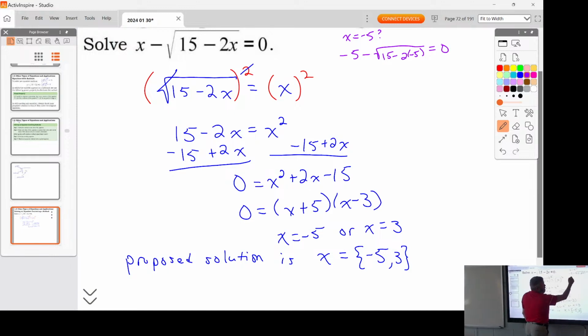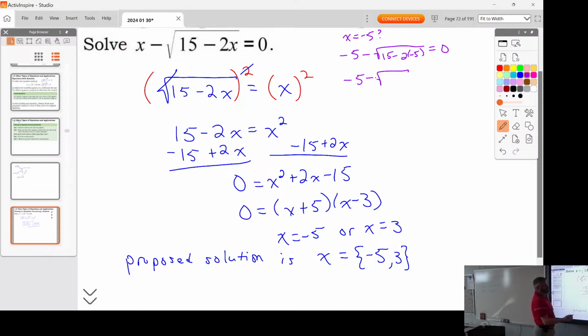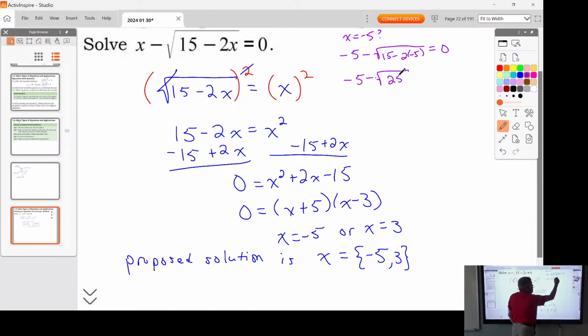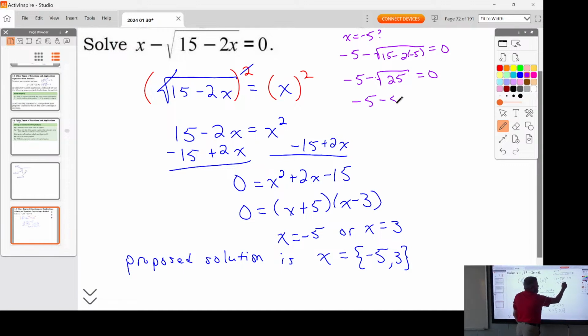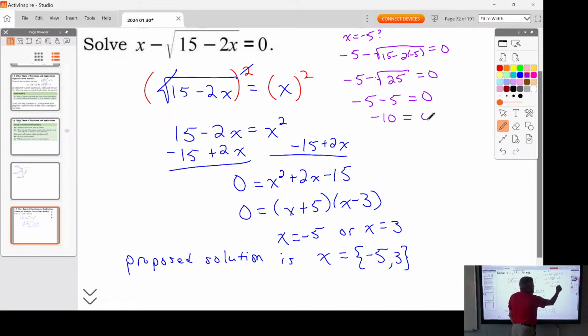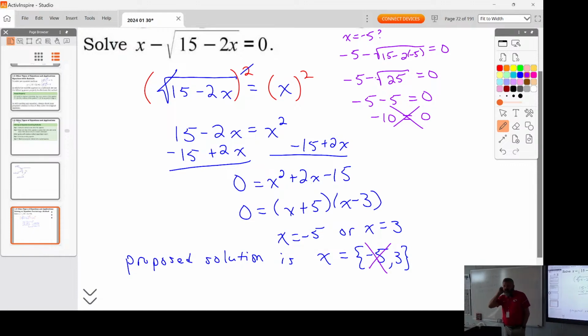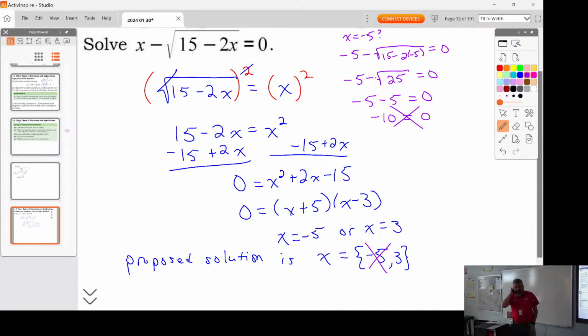That gives me -5 minus the square root. 15 minus 2 times -5 is 25, equals 0. -5 minus 5 equals 0. Is this true or false? Yeah. -10 equals 0. That's not true. So I now know that -5, though it was a proposed solution, is not in fact a solution because it does not satisfy the original equation.